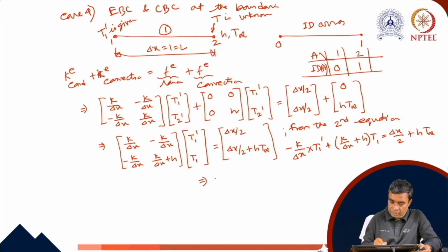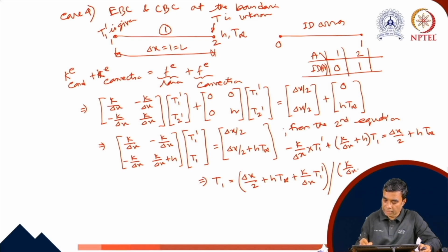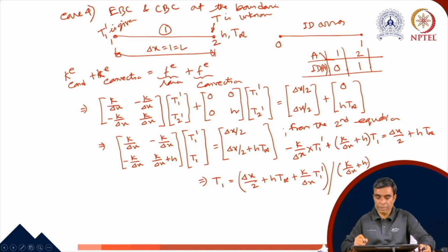This gives us T1 equals delta X by 2 plus H T infinity plus K by delta X T11, divided by K by delta X plus H. So by putting the values of K, delta X, H, T infinity and T11, we can find the unknown degree of freedom at the right boundary.